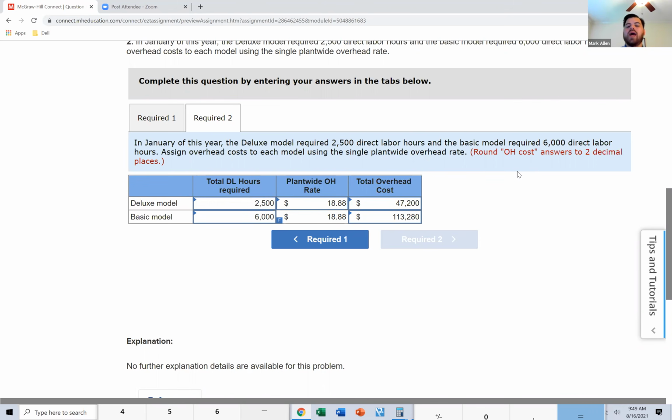Even though what should likely be true is that the plant-wide overhead rate, or the activity rate, for the deluxe model should likely be something like 38, 42, 75, something much higher, while the basic model might be something like 8 or 5 or 3, something much lower. So if we had a better analysis, we would likely see cost shifting back toward the deluxe model to more accurately assign the cost.